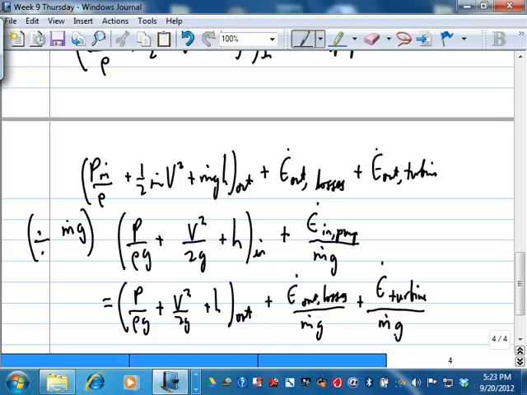Okay? So it's still the same. These terms represent the flow power, kinetic power, potential power, pump power, divided by m dot g, and so forth. Is that okay so far?